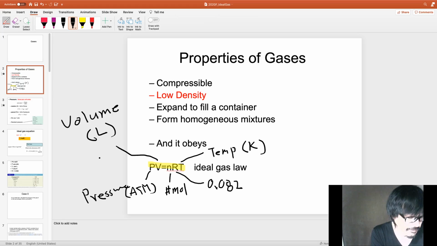If it's given in milliliters, I'm going to change that to liters. And if the temperature is given in Celsius, I'm going to change it to Kelvin. Then I use 0.082 every single time. If you use all these units here, then you're always going to use this gas constant of 0.082. So keep that in mind.